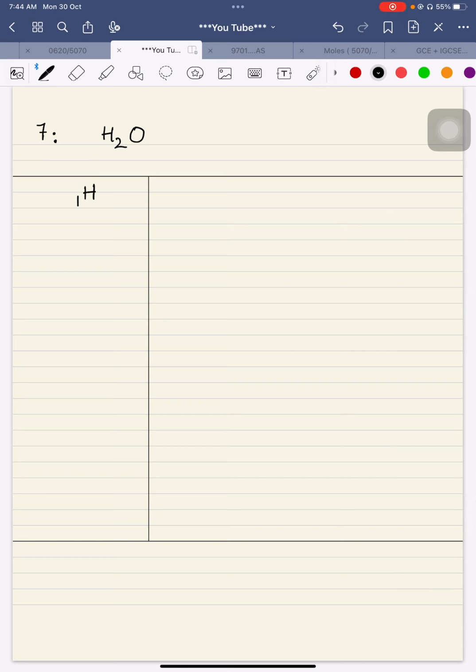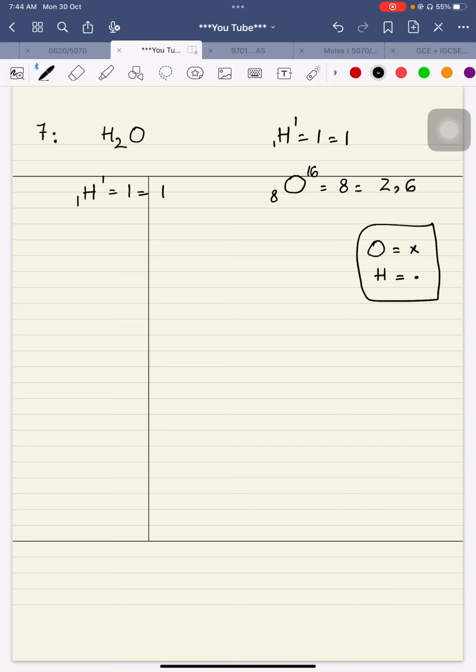It is made up of hydrogen and oxygen. There are two hydrogens, and this is it. And oxygen 8 and 16. This is 8, and this is going to shift itself into 2 6. So oxygen is with a cross, whereas hydrogen is with the dot, and we are going to write it like this.